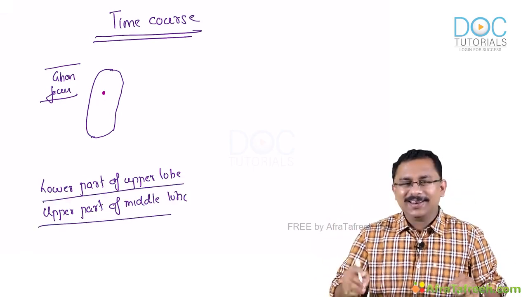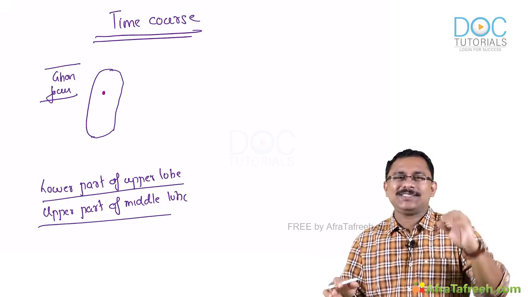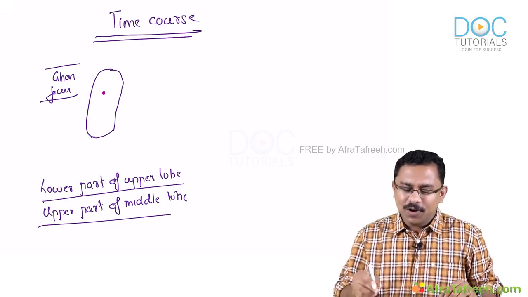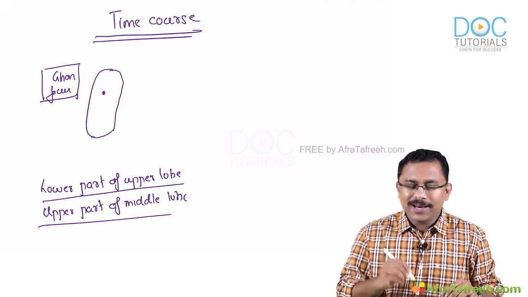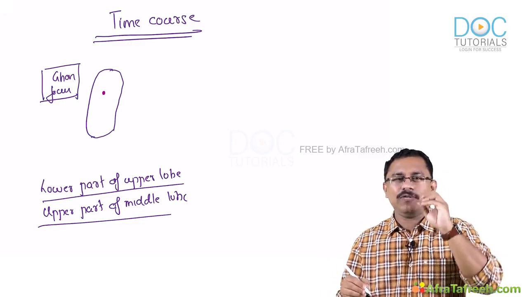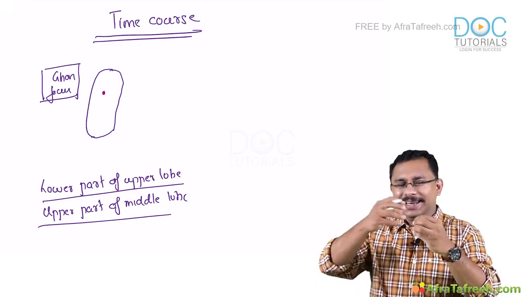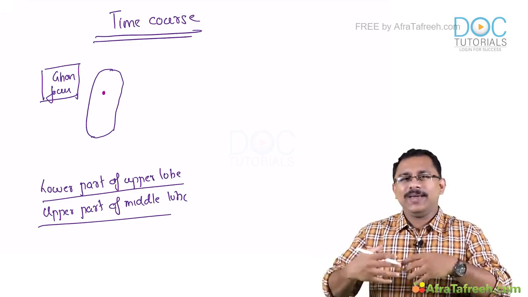Whatever it be, it is almost in the mid zones that you have the initial Ghon focus. Now when there is such a Ghon focus, the lymphatics draining that particular area would be involved.